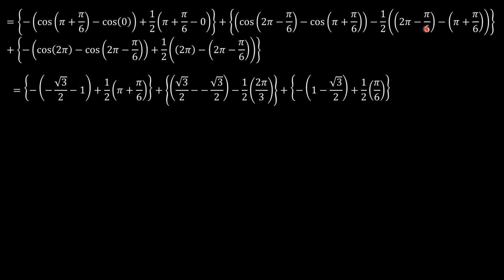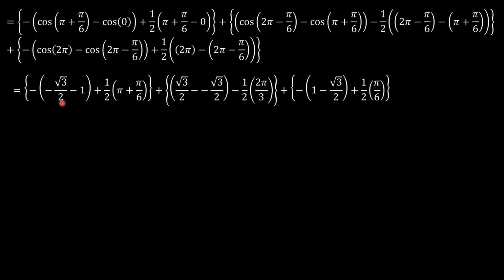The upper limit 2 pi minus pi over 6 minus pi plus pi over 6 results in 2 pi over 3. And down here we get cosine of 2 pi is 1, cosine of 2 pi minus pi over 6 is root 3 over 2, so we have 1 minus root 3 over 2. And here we have 2 pi minus 2 pi over 6, we have just pi over 6 left. So plus a half times pi over 6.